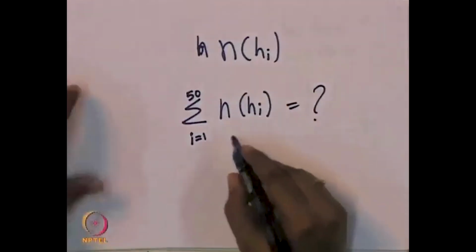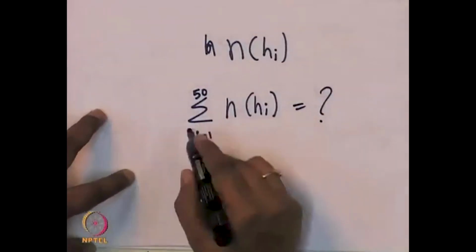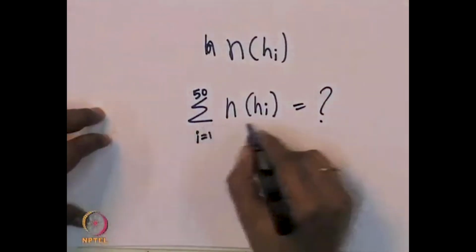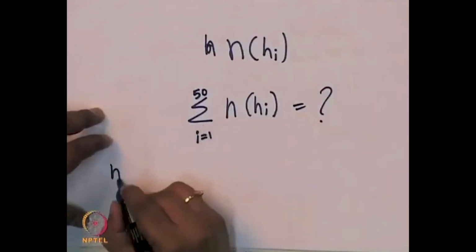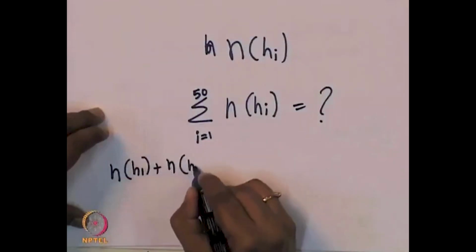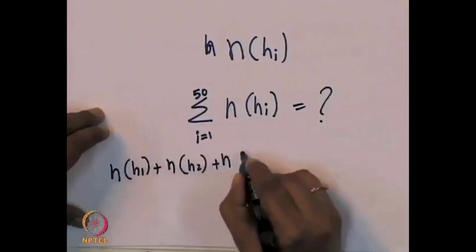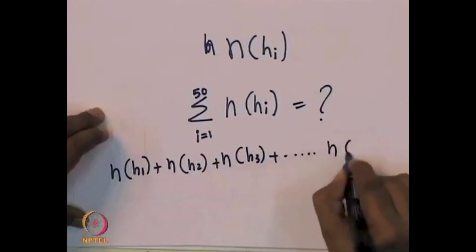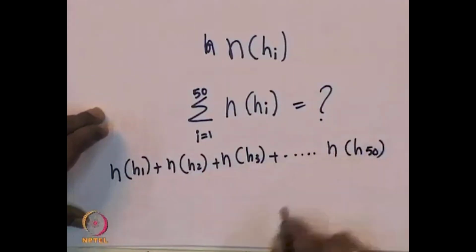So, let us think about it. Let us expand this. When we expand this, it is N of H1 plus N of H2 plus N of H3 plus dot dot dot N of H50.